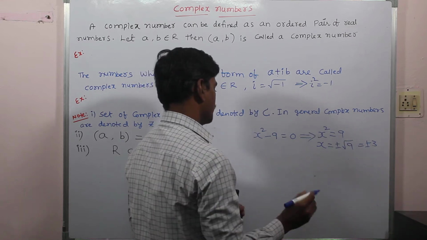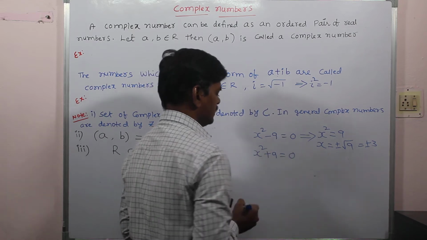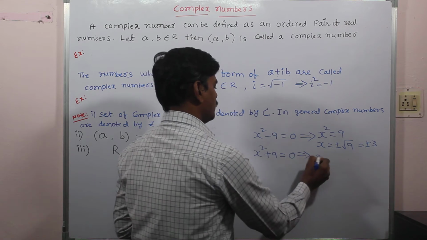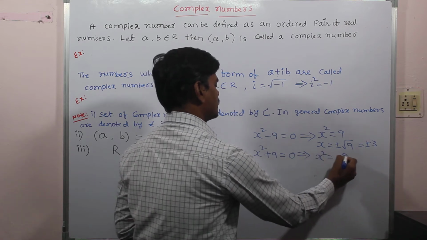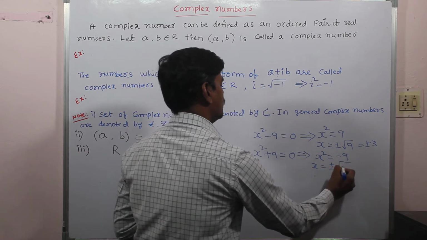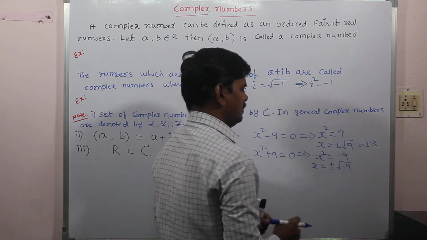Both are real numbers. But suppose you take another quadratic equation, x square plus 9 equals 0. How will you solve it? x square is equal to minus 9, so x is equal to plus or minus root over minus 9. Can you write root over minus 9 as 3?